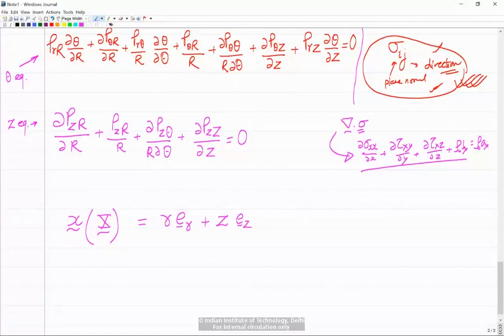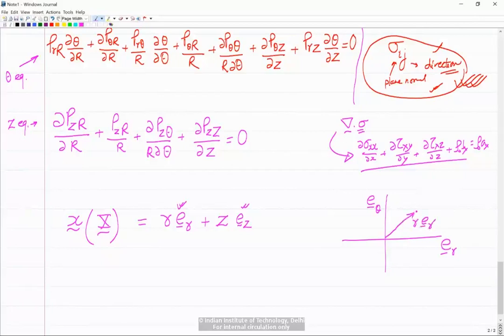I hope you know this. It just has this e small r and e_z component. There is no e theta component. For example, just think of any point on this, say this is e_r, e_theta. So any point here, what is its position vector? It is simply small r e small r.